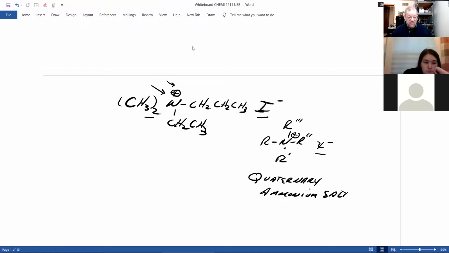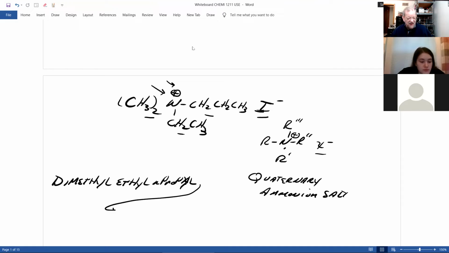So we have two methyl groups, an ethyl and n-propyl. Well, it doesn't matter which order you have. So we have dimethyl, ethyl, and propyl.